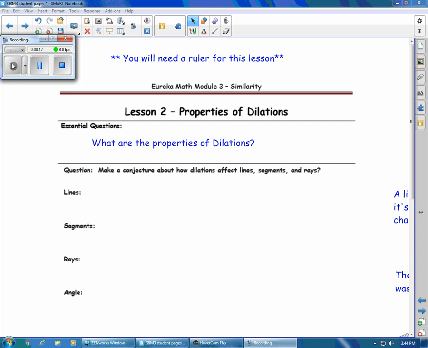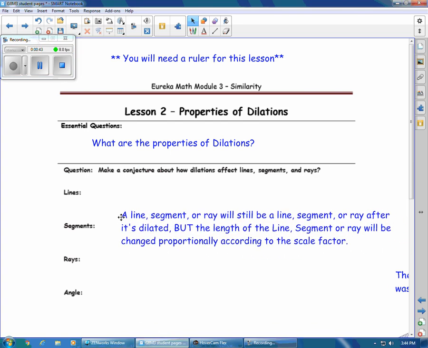The first question, make a conjecture about how dilations will affect lines, segments, and rays. Okay, here we go again with the properties where it has that repetition thing going on. Well, remember in last lesson, we said that there's a multiplicative relationship between the original and the dilation. So whatever the scale factor is, everything is being multiplied by that scale factor.